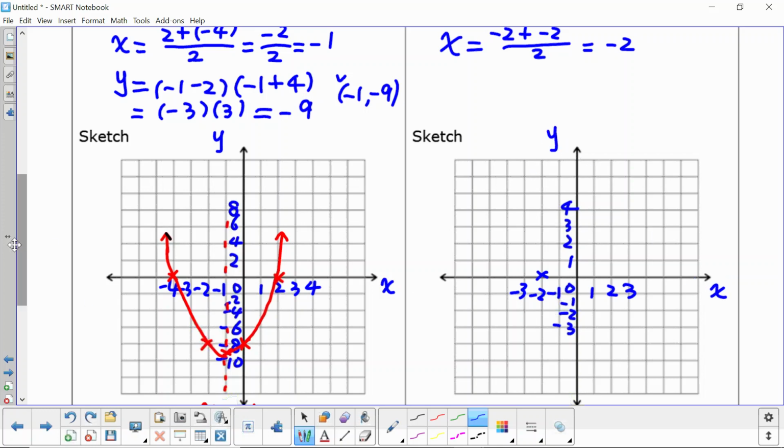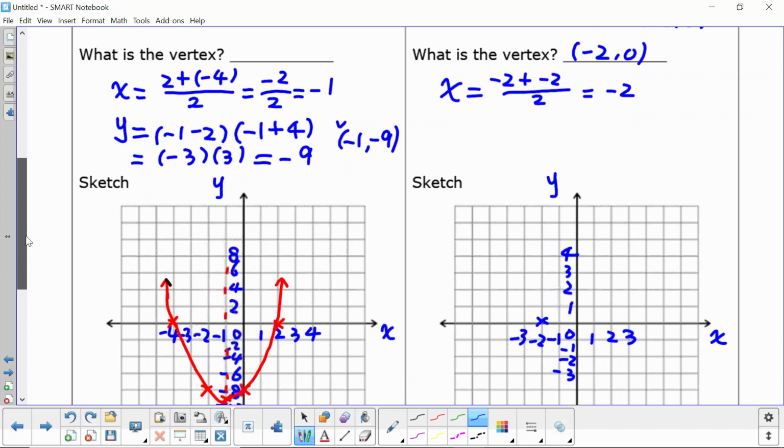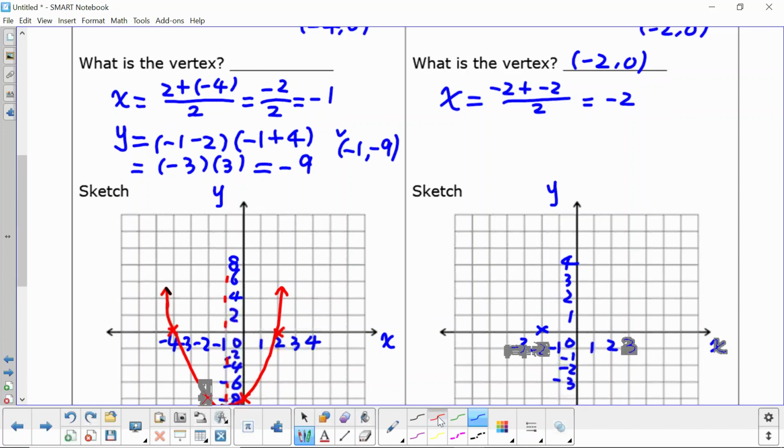Okay, label the x, y, and the scales first. Then after that, the y-intercept is 0, 4, so it's here. And for the x-intercept, the zeros and the vertex are the same.